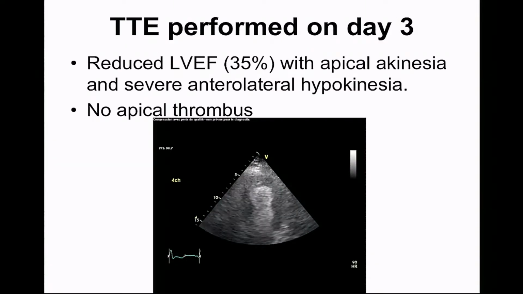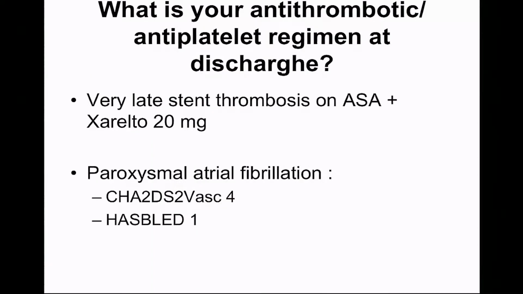The TTE performed on day 3 showed reduced left ventricular ejection fraction and apical akinesia without thrombotic evidence. So this patient presents paroxysmal atrial fibrillation and now CHA2DS2-VASc score at 4 and very late stent thrombosis on aspirin and Xarelto. So I would like to ask you, what is your antithrombotic and antiplatelet regimen at discharge for this patient?